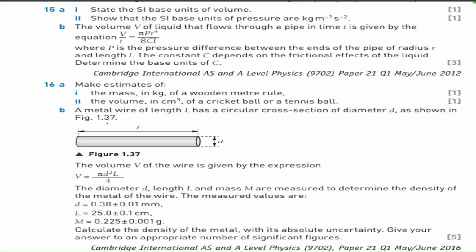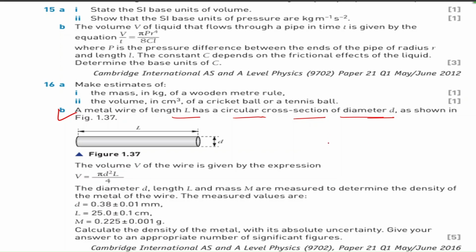Now, in part B, they show a cylinder. You have a metal wire, which is a similar kind of cylinder, of length L, with a circular cross-section of diameter D, as shown in the figure. What is the volume of the wire given by the expression?